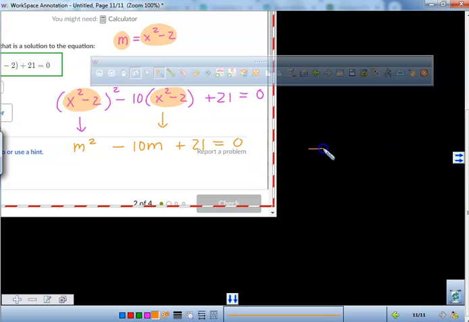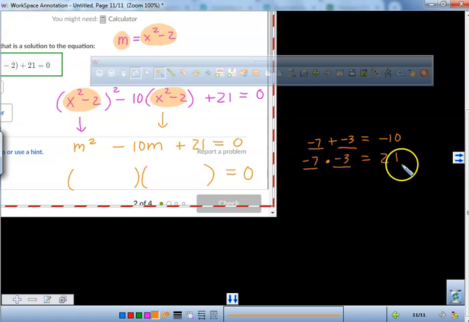Ready? We're looking for two numbers that add together to equal negative 10, but those same two numbers multiply together to equal positive 21. Well, what would those factors be? What'd you guys say? Negative 7 and negative 3 add together to equal negative 10, and negative 7 times negative 3 equals positive 21.